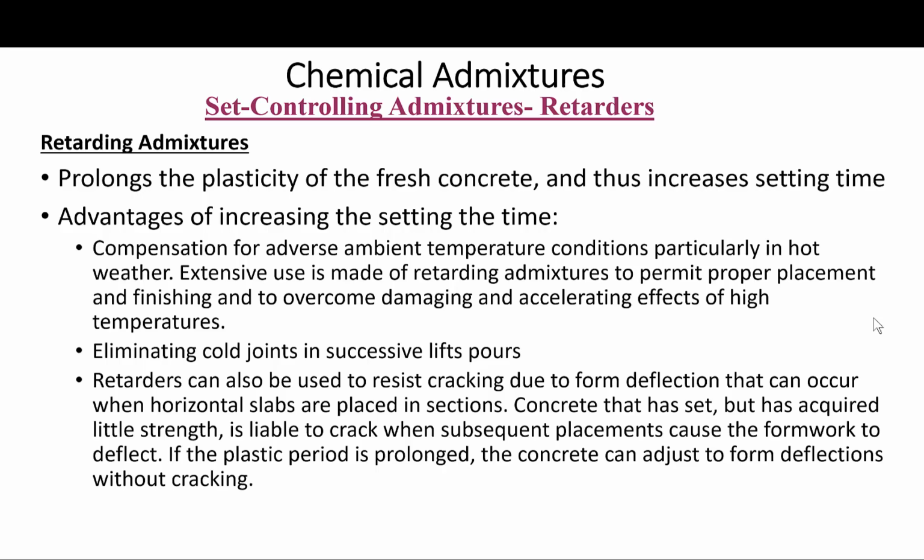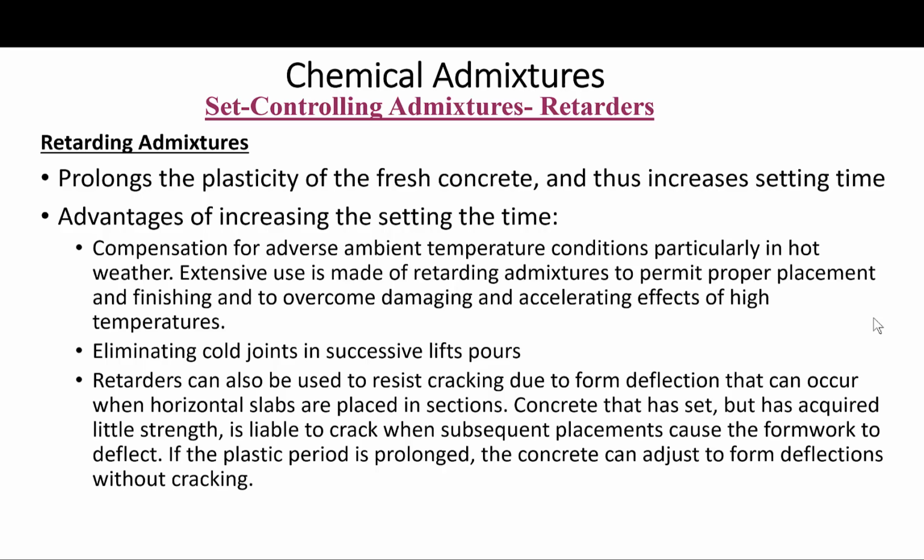The final set is the time required for the paste to solidify completely, hardening, and strength gain with time. So a retarder will increase the setting time, and an accelerator will decrease the setting time.